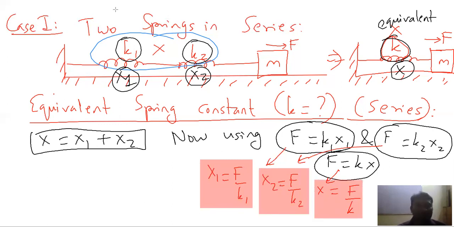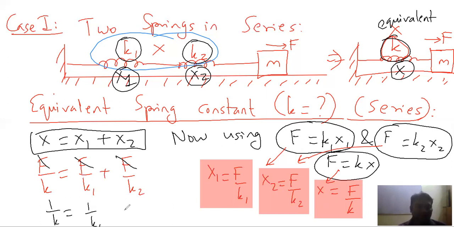Now let us substitute these values in our expression here. So F by K is F by K1 plus F by K2. Let us cancel these F's on both sides. So I'll get 1 upon K is 1 upon K1 plus 1 upon K2.